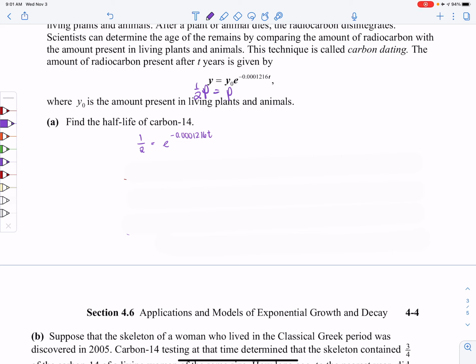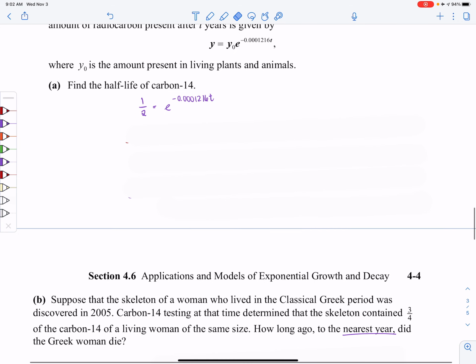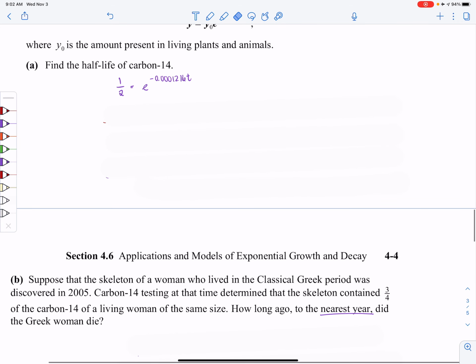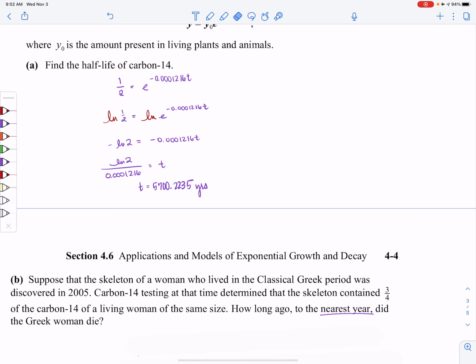If you divide on both sides by P, you're just left with a half. So that's how I came up with that half. And then the other side I just simply copied. So finding the half-life, we'll log both sides, use our power rule, divide by the decimal, plug it into the calculator, and the half-life of carbon-14 here is going to be approximately 5,700 years.